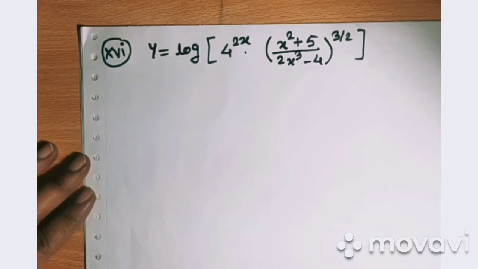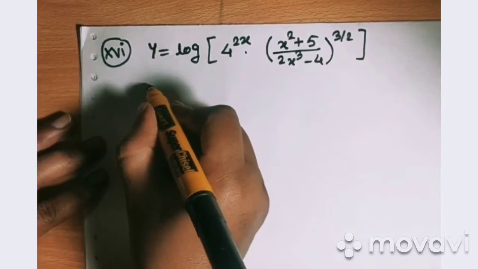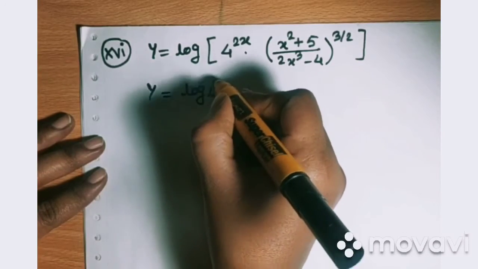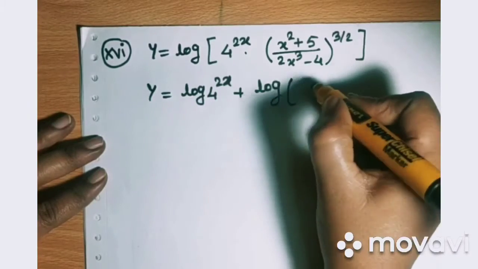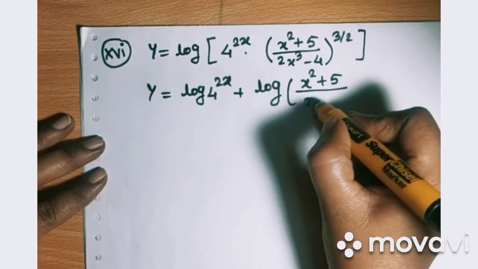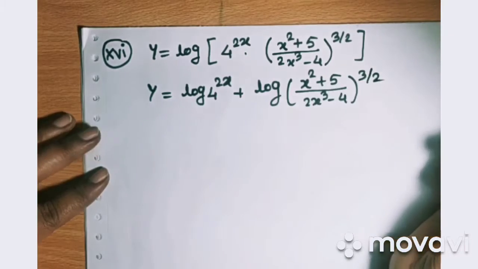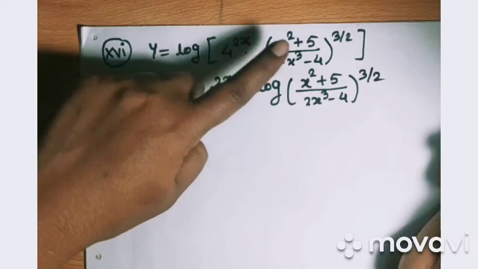Taking the laws of the logarithms, we have to simplify this first. Y, that is logarithm of 4 raised to 2x plus log of x square plus 5 divided by 2x cube minus 4 raised to 3 by 2. This is of the type log of m into n.